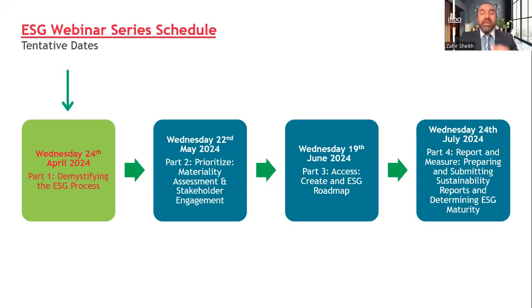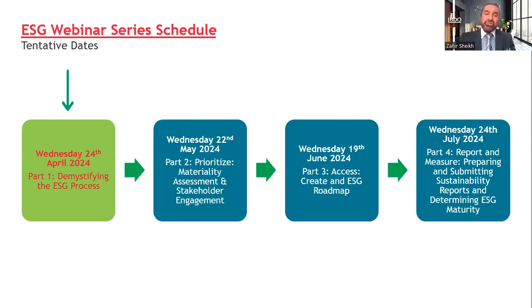And then in that same webinar, the 4th webinar, the second part will focus on how to measure and determine your organization's ESG maturity. Now, this is where the rubber meets the road. We'll provide you with the tools and the knowledge that you need to assess your current ESG performance, set realistic targets for improvement, and measure the effectiveness of your sustainability initiatives.